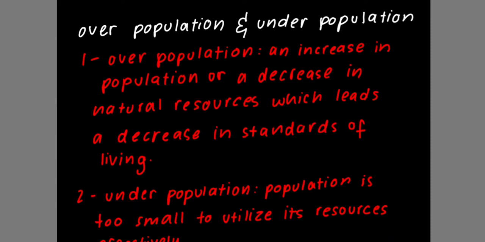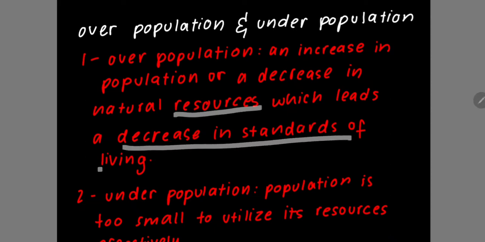So what is overpopulation? Overpopulation is when the number of people in an area or country increases so much that there is pressure on the resources available, and because of the pressure on resources, there's going to be a decrease in the standards of living.